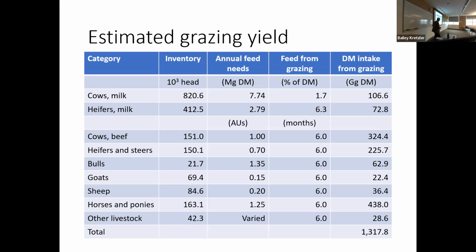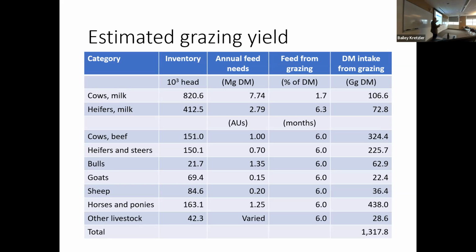You could graze longer than that, but we're essentially saying there's potentially 6 months' worth of fodder to graze. From the animal unit definition times the number of months, we estimated the gigagrams of dry matter needed by all these categories, for a grand total of about a teragram of dry matter required to feed all the animals.